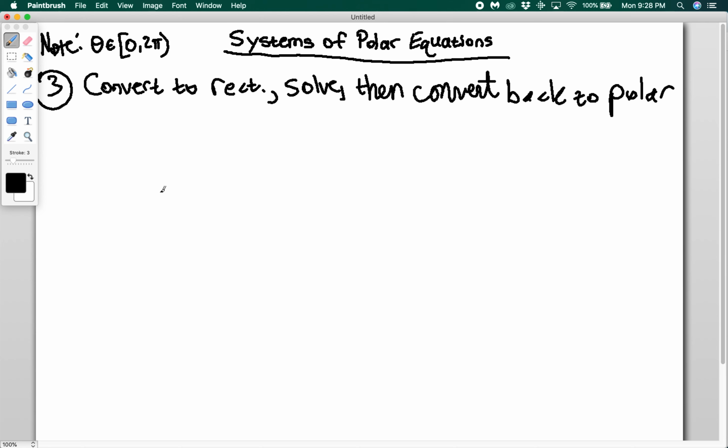Okay? So let's take r equals 2 cos theta and r equals 1 plus cos theta.